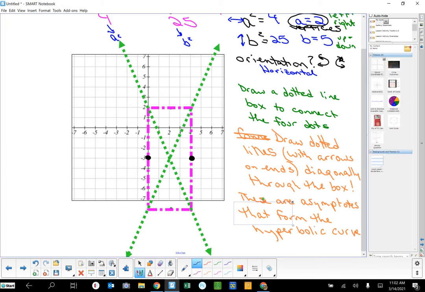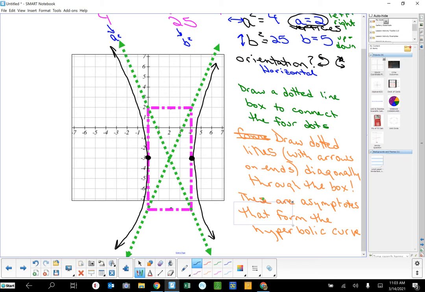And you can also hit the box when you draw in your curve, but you're not going to hit the dotted lines, the green ones in my case. So my hyperbola is going to be super fat and wide, and it's going to look like that. And you're just going to kind of sketch in an approximation that looks very similar to that. And that's what your hyperbola would look like.